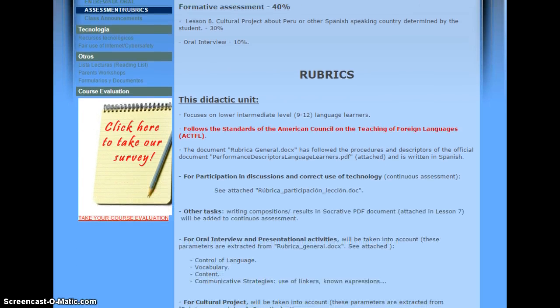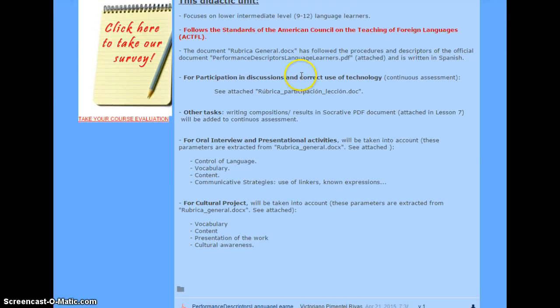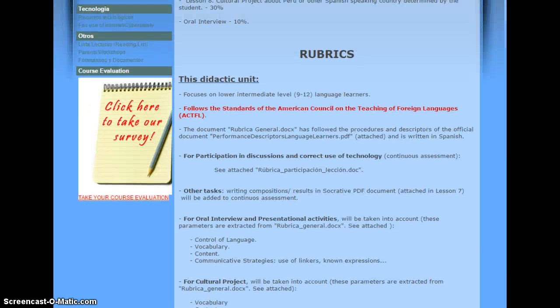Rubrics attending to the assessment. I have different rubrics for participation in discussions, for other tasks, for oral interview and presentational activities. I attended here to the standard of the American Council on the Teaching of Foreign Languages, ACTFL.